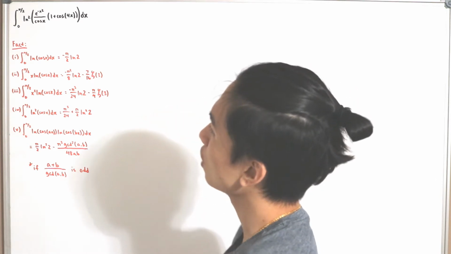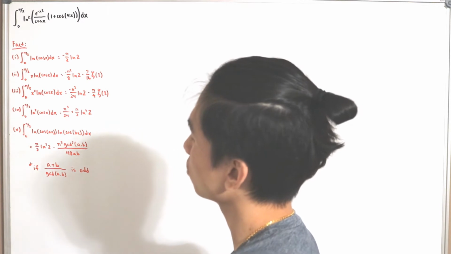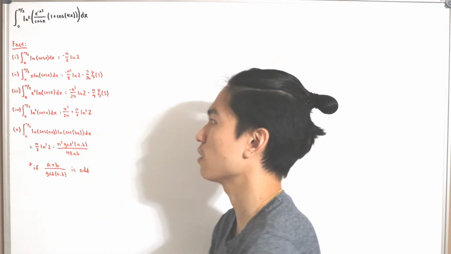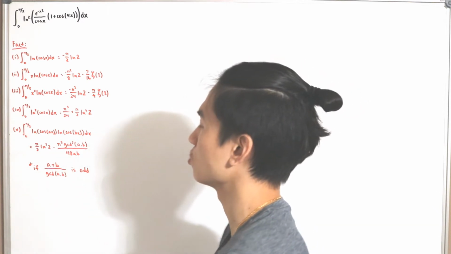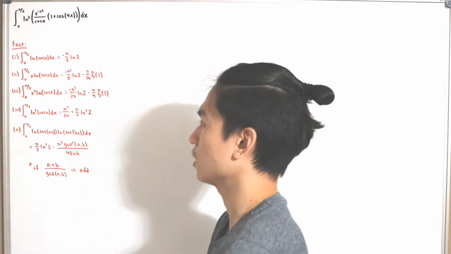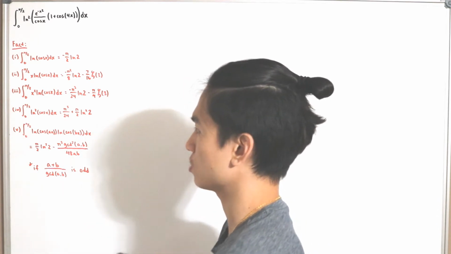Fact number 4, the integral from 0 to pi over 2 of ln squared of cosine x dx is equal to pi cubed divided by 24 plus pi over 2 times ln squared of 2. And last but not least, this is a pretty interesting one.